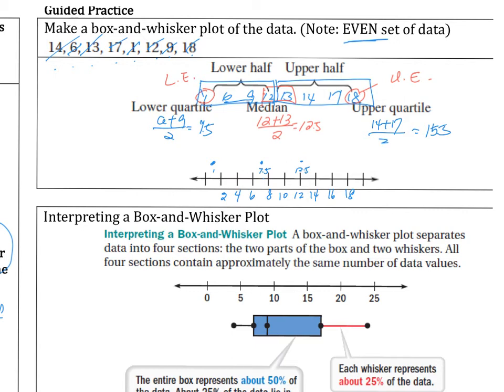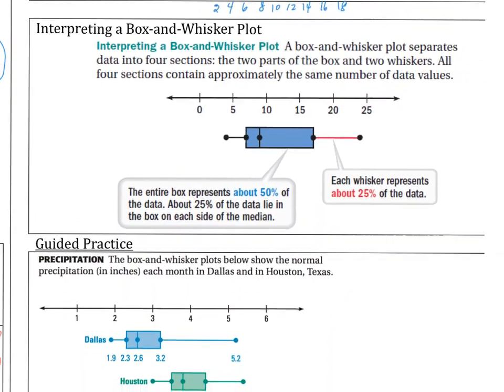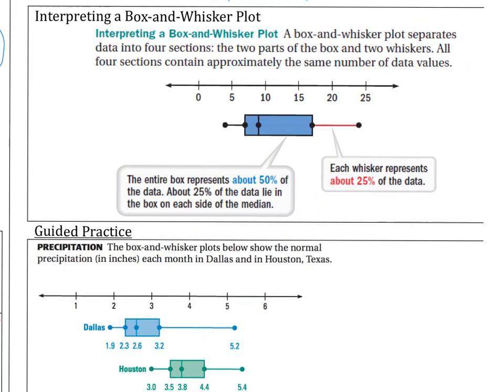And then my upper quartile is 15.5. And then we have the upper extreme of 18. And let's draw our box and whisker plot. And that is it.